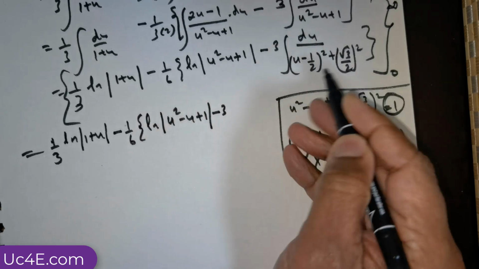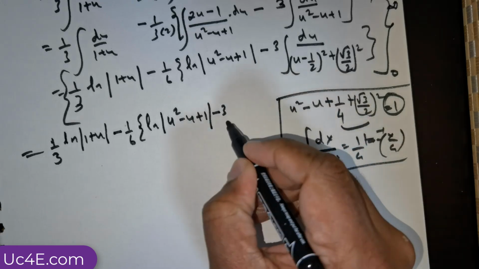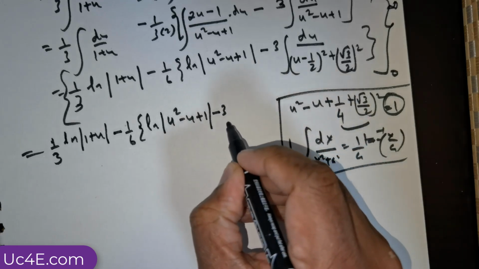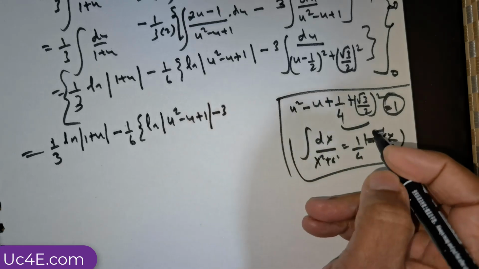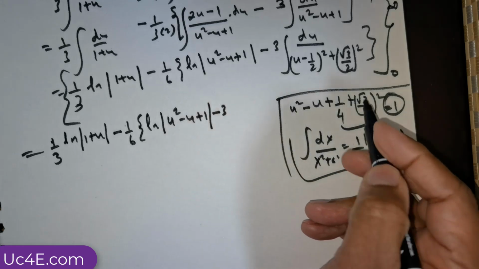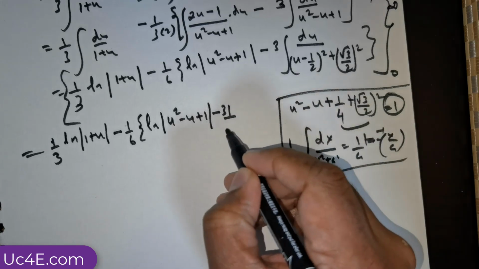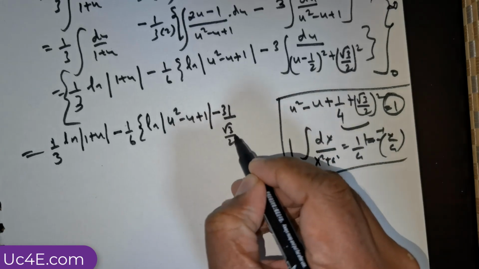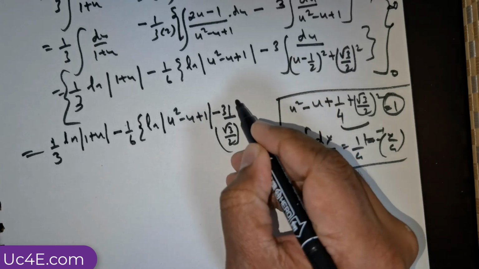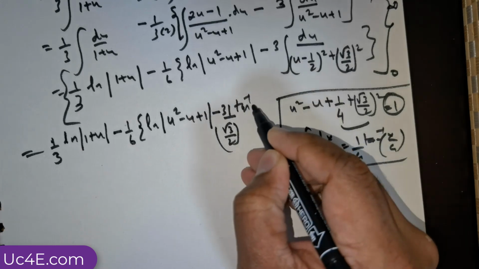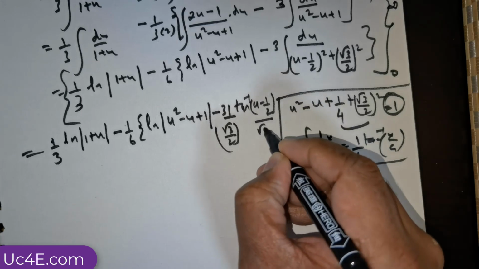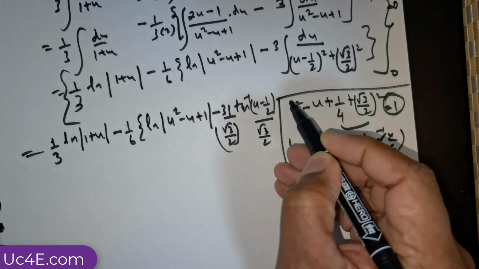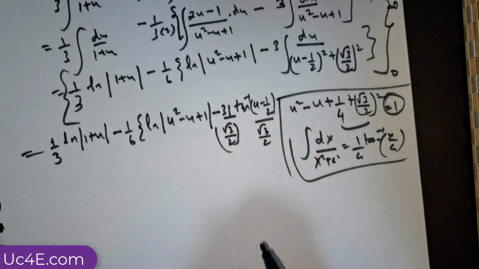If I apply the formula, that's going to be 1 over a, so 1 over a is 1 over √3/2, times tan inverse of (u − 1/2) divided by a, that's √3/2. Tan inverse of x over a.